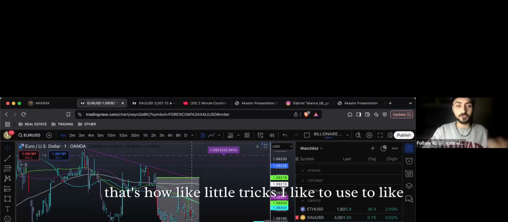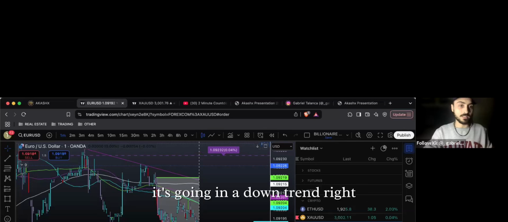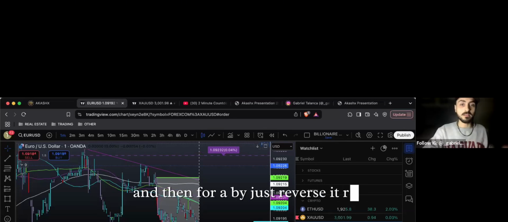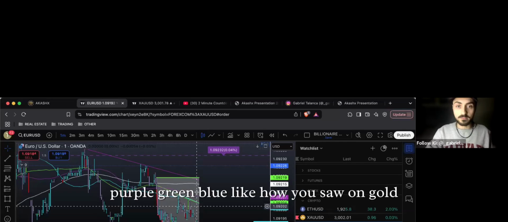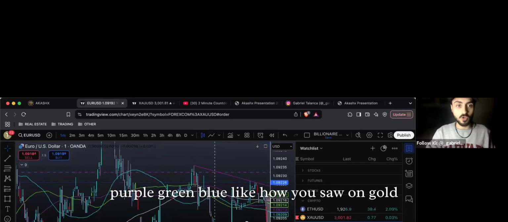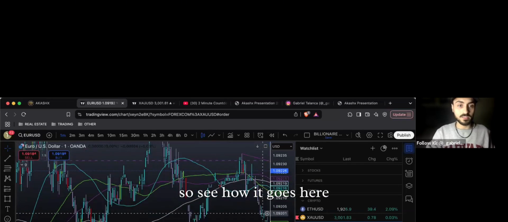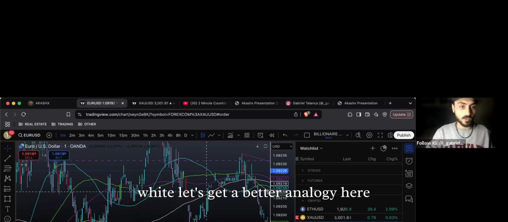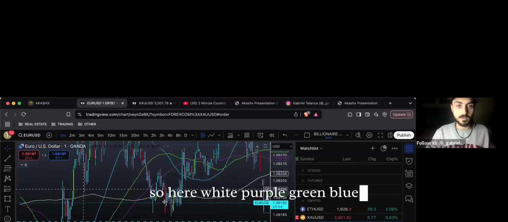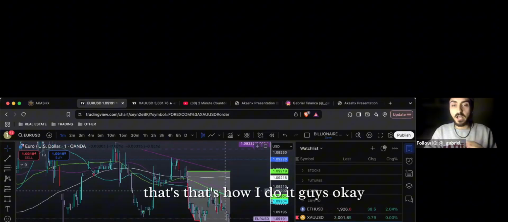That's a little trick I like to use to remember, okay, it's going in a downtrend, right? And then for a buy, just reverse it, right? It'll be blue, green, purple, white, like how you saw on gold. So see how it goes here, white. Let's get a better analogy here. So here, white, purple, green, blue. That's how I do it, guys.